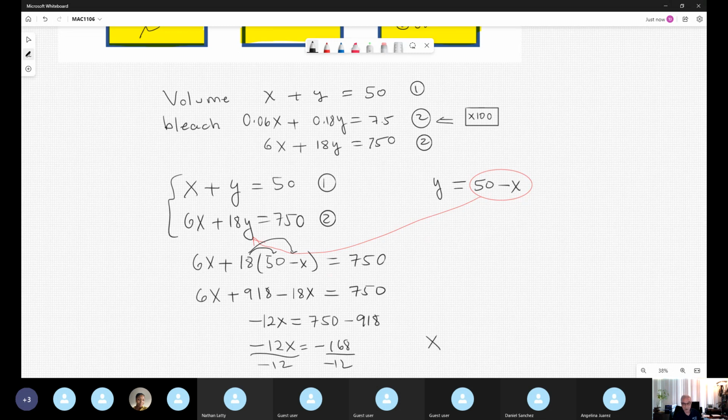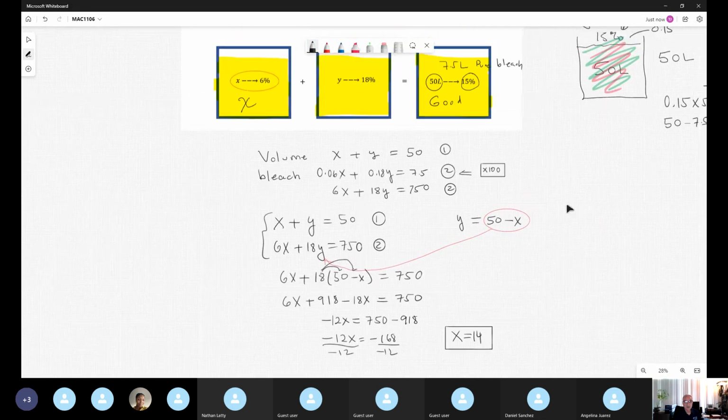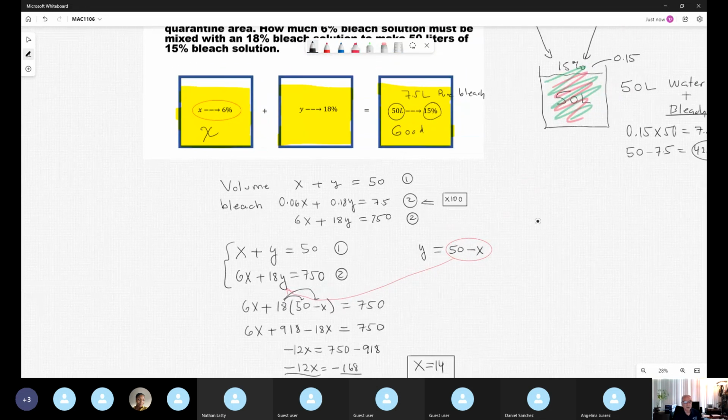Wow, 14. But I don't remember anything. What is 14? 14 what? 14 is the liters of that container. So it's the liters of the container that has the smaller concentration, okay, 6%.